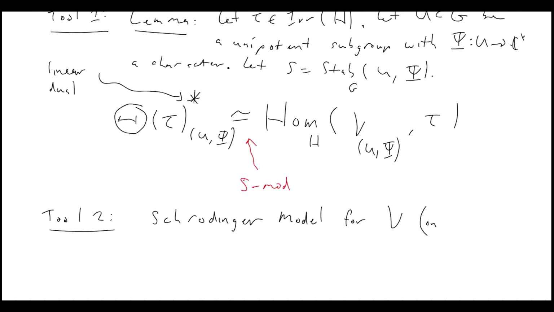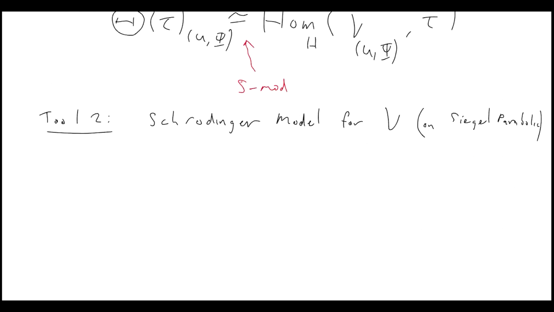Okay, so the second tool is a Schrodinger model for the minimal representation. But unlike in the case of the Weil representation, we don't at the moment have a full model. This is only valid on a maximal parabolic subgroup, and the one I'm going to describe is on the Siegel parabolic, which in our case is the E6 parabolic.